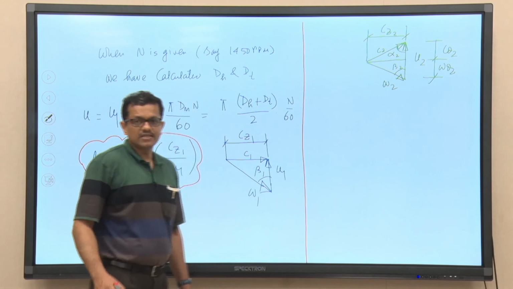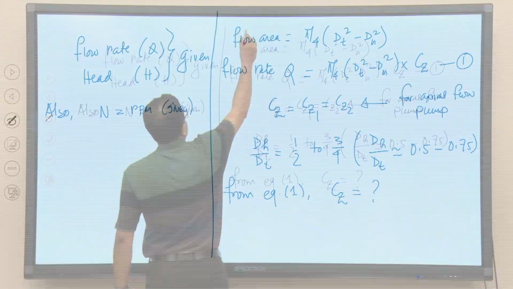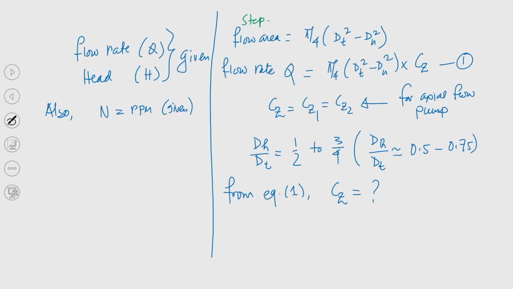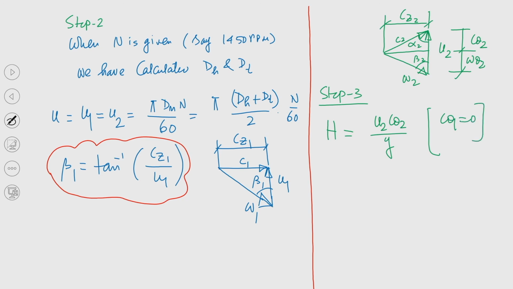Now, this is step 1, this is step 2, next step is step 3. What about U? Head developed by the pump will be from the Euler equation, U2 C theta 2 by g, with C theta 1 equal to 0, that we can see from the inlet velocity triangle.